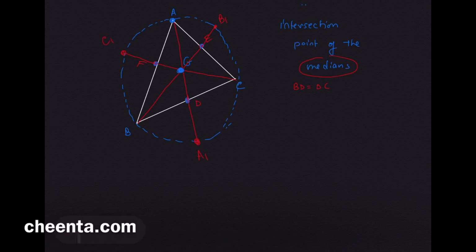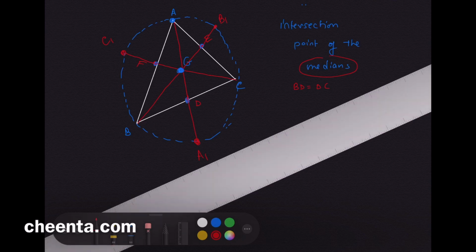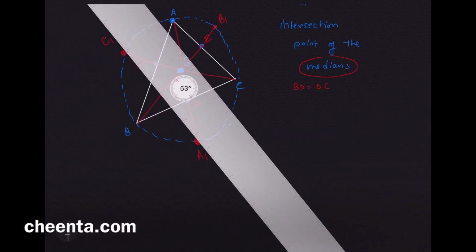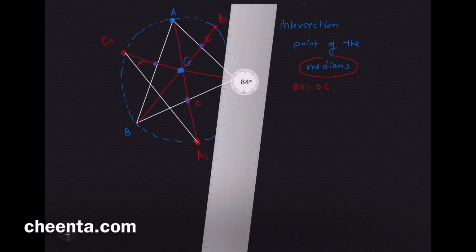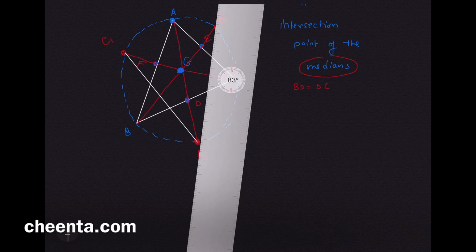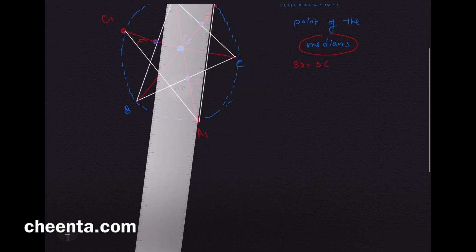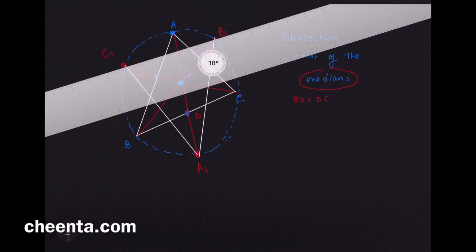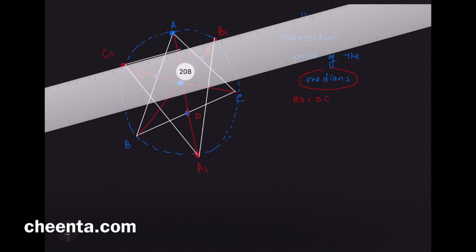All right, now we'll be joining, let's use the scale one more time, A1 and C1, A1 and B1, and B1 and C1. Maybe I could have used a different color, but anyway.